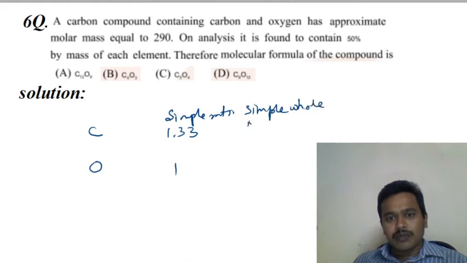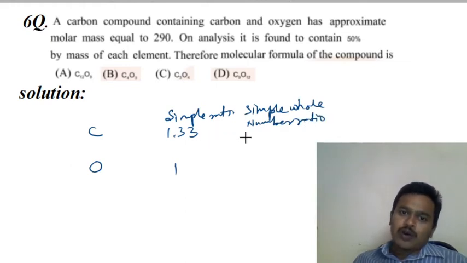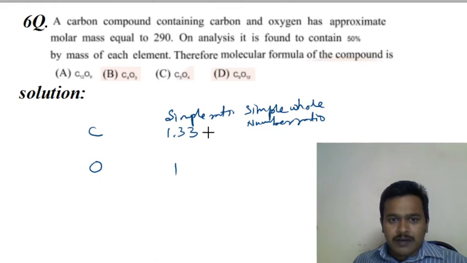What is the whole number ratio here? To get a whole number, what do I have to do? I will multiply with 3.